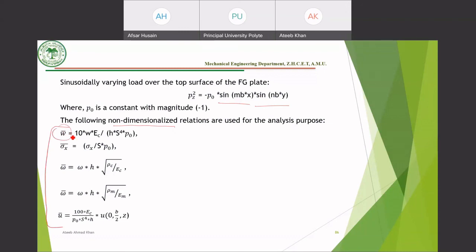This is W, which is the central deflection. Sigma x is the stress in x direction, and so on. This is the natural frequency. For natural frequencies, I've used two equations, because the equations used in the literature were different, so just to compare the results, I've used two different non-dimensionalized equations.